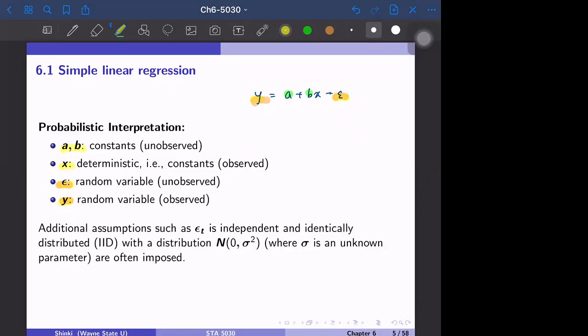Further, we assume some properties on the error. Usually we assume epsilon_i, for i equal to 1 to n, are independent and identically distributed random variables with a normal distribution, mean 0 and variance sigma squared.